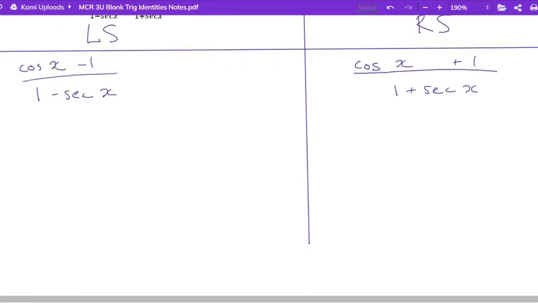Step 1, let's get rid of those reciprocal ratios. Okay. So it's going to look ugly, but I'm going to write 1 minus, what are we going to write? 1 over cos x.